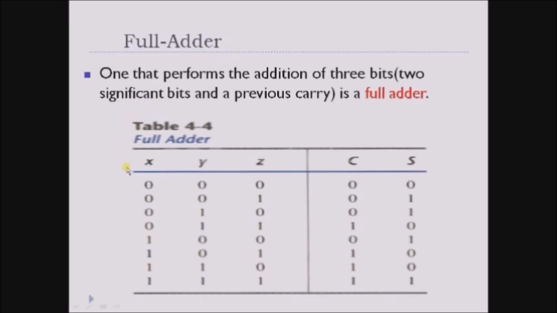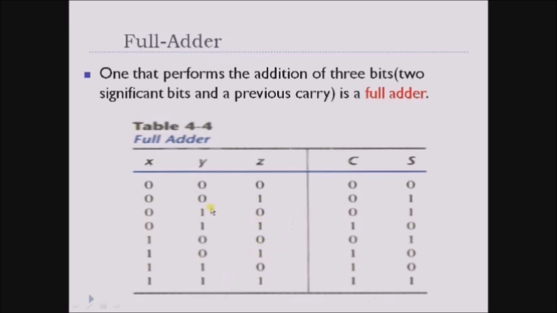Now from this we can easily say that there are totally 3 inputs, and then we'll get 2 outputs, that is sum and carry. As you have 3 inputs, you'll get totally 8 combinations, that is 0 to 7.